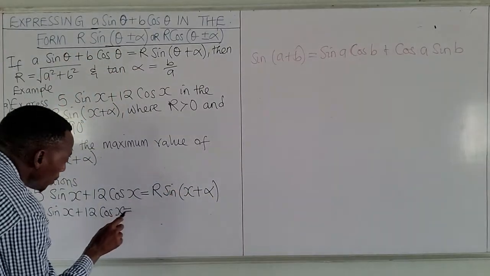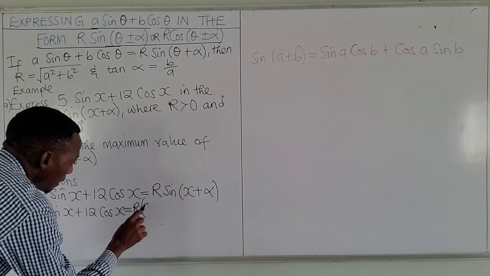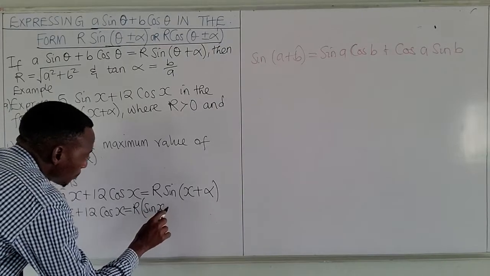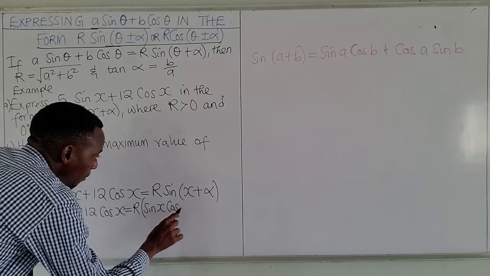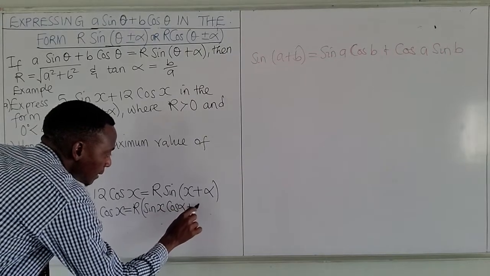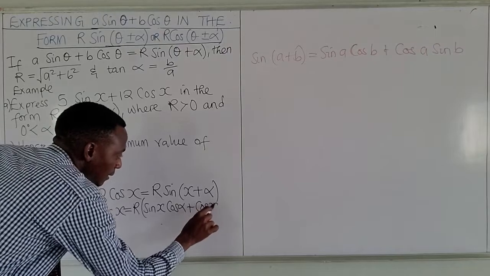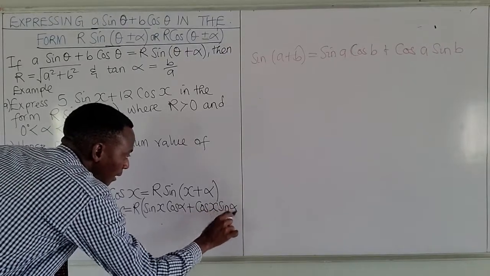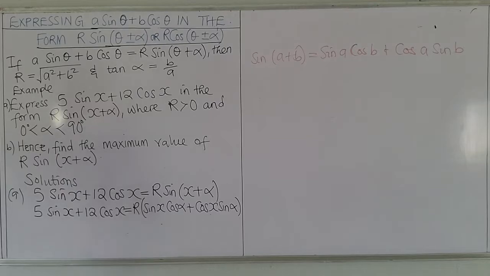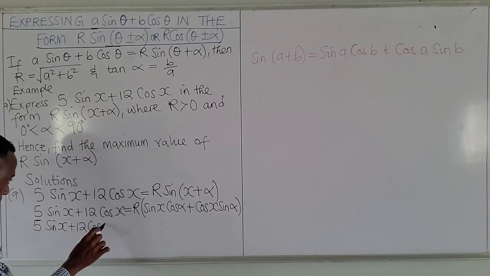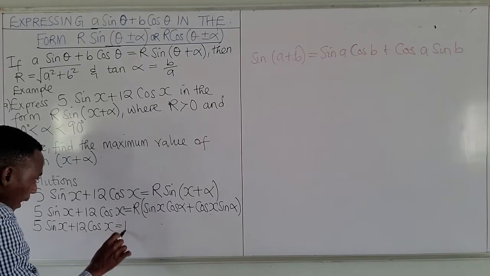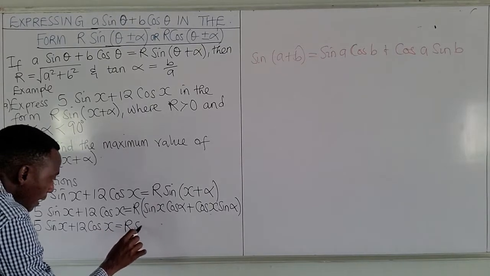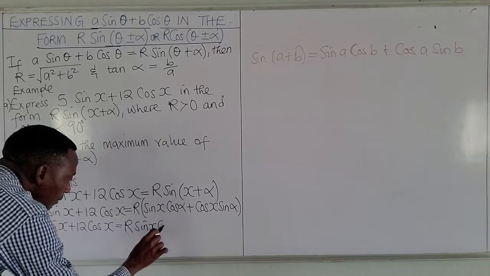So this will be equal to r multiplied by sine x cos alpha plus cos x sine alpha. Rewriting, 5 sine x plus 12 cos x is equal to r sine x cos alpha plus r cos x sine alpha.